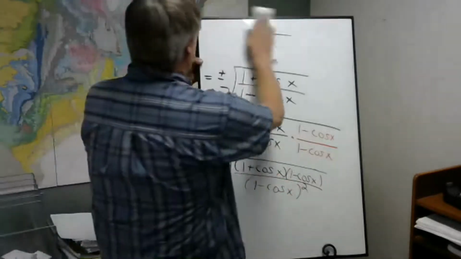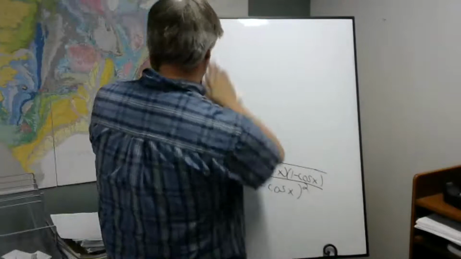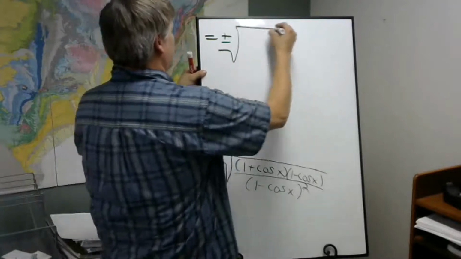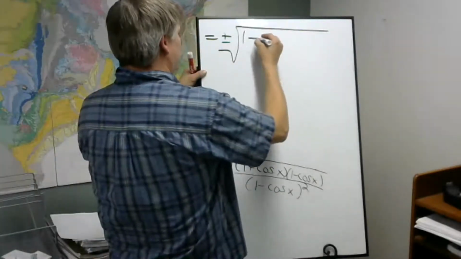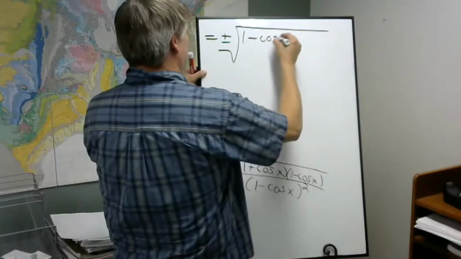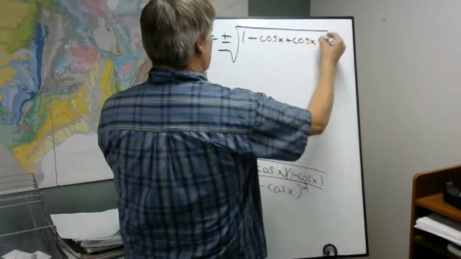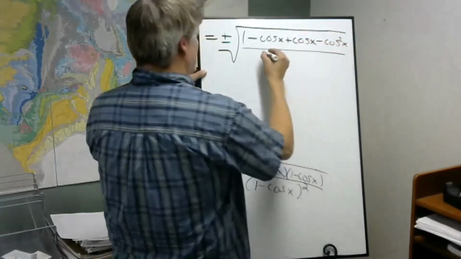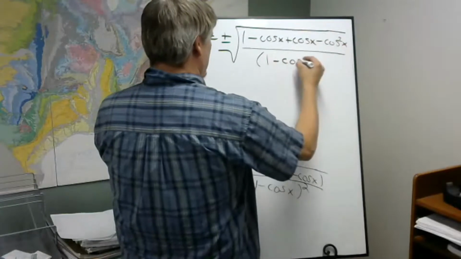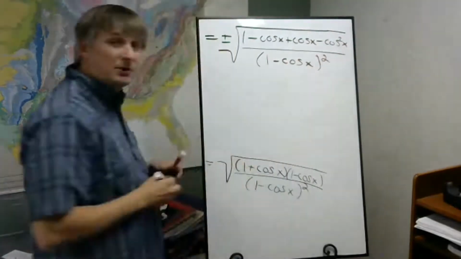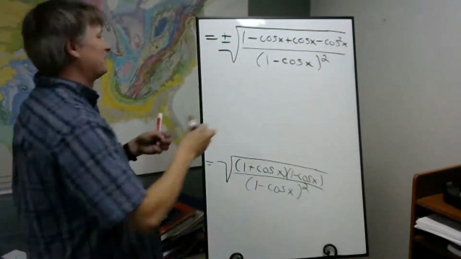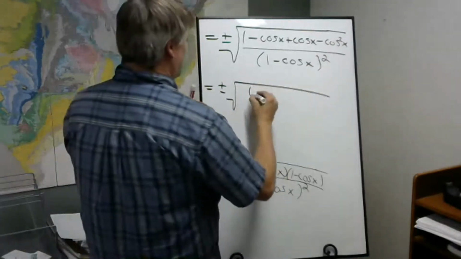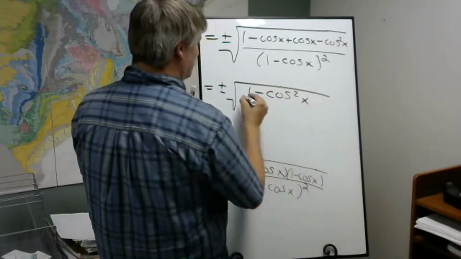So as we do that, if we FOIL this, sure enough, we'll get cosine x squared. Or 1 minus cosine squared x.